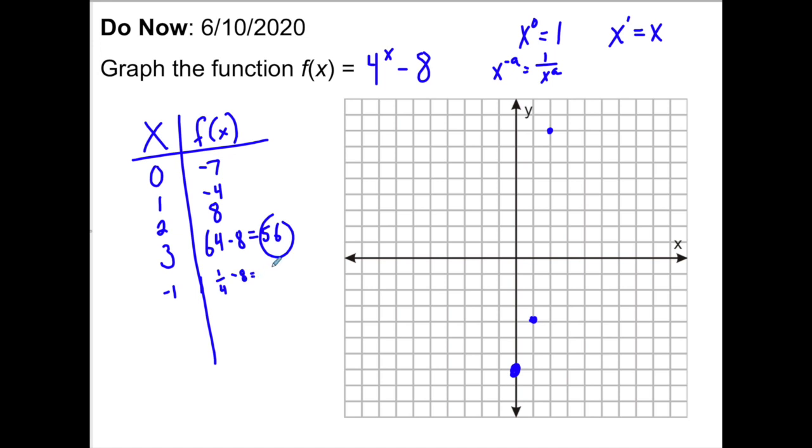Minus 8, and that is negative 7 3/4. If you do negative 2, what you're going to get is 1 over 4 squared, and 4 squared is 16, so it's 1 over 16 minus 8. So that's negative 7 and 15/16.